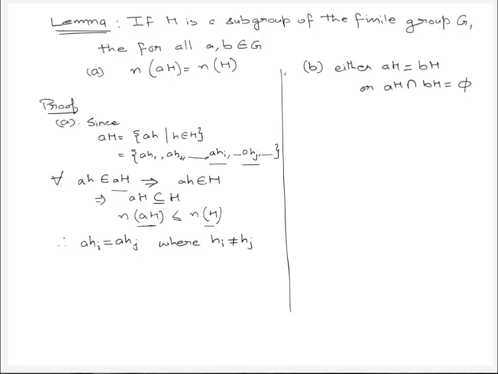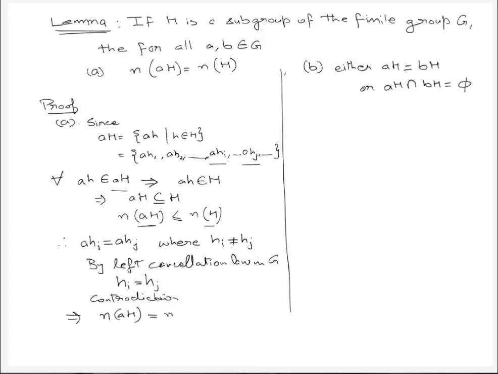So ahi equals ahj, where hi is not equal to hj; then by the left cancellation law in a group, we have hi equal to hj, but that is a contradiction. That means no two elements in the left coset are equal. So this implies the number of elements in aH is always equal to the number of elements in H.